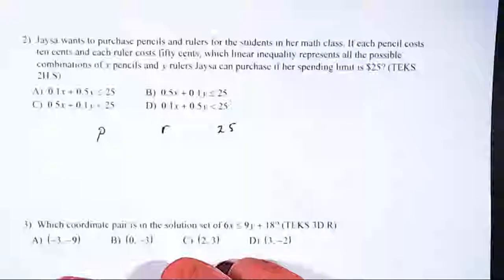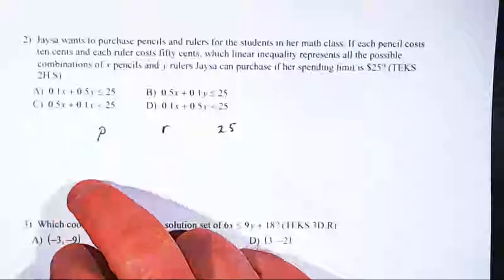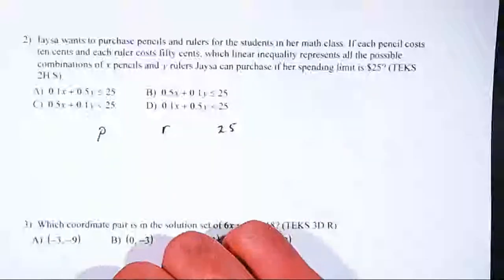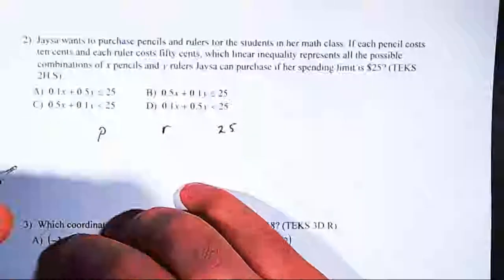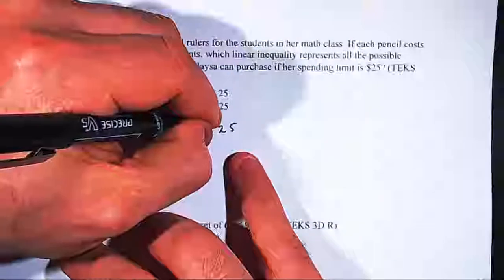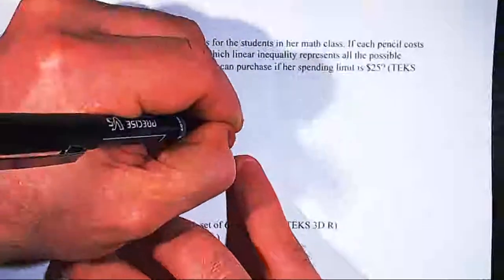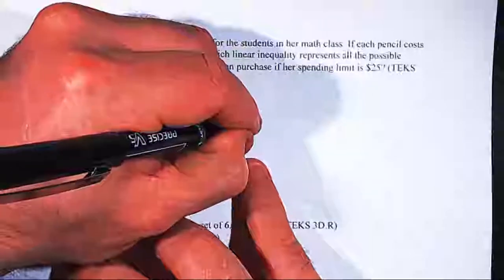Now, this is where this type of question can get a little difficult. It says each pencil costs 10 cents. Now, it might be tempting to put a 10 in front of the P, but that would be wrong. It would misrepresent what's being asked. So this is where actually writing in the dollar signs and symbols can help.